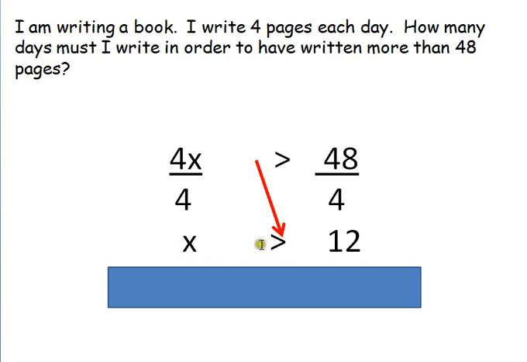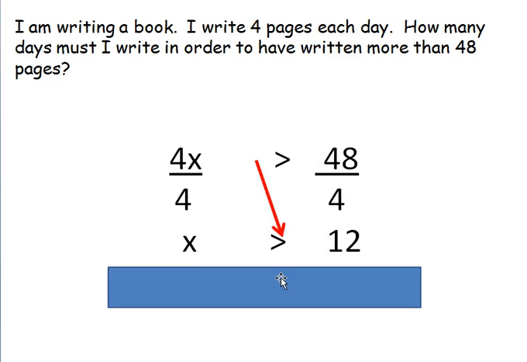So x is greater than 12. So I have to write for more than 12 days in order to have more than 48 pages written. I can't write for 12 days and then some more. It has to be more than 12 days.